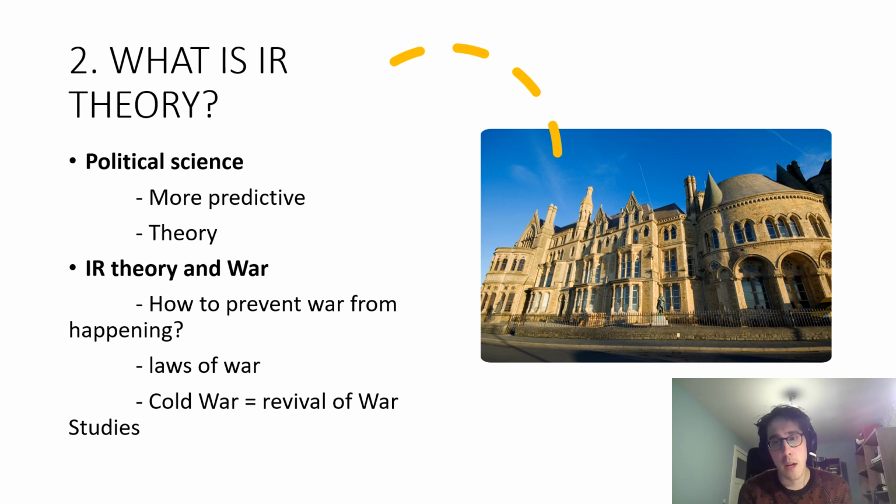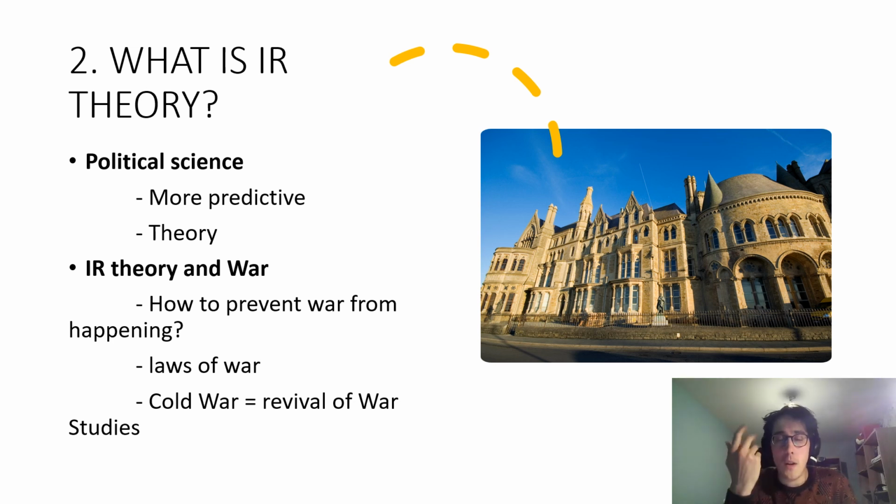IR theorists develop a theory and then seek to prove that theory, whereas we, as historians that write diplomatic history, work the other way around in a way, right? We work with documents, with cases, and then try to come up with an explanation for the case that we are presented with.